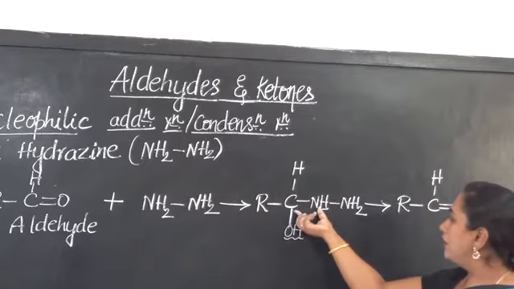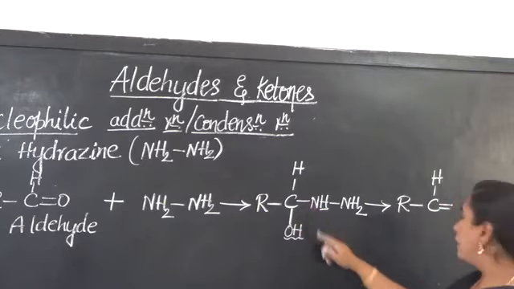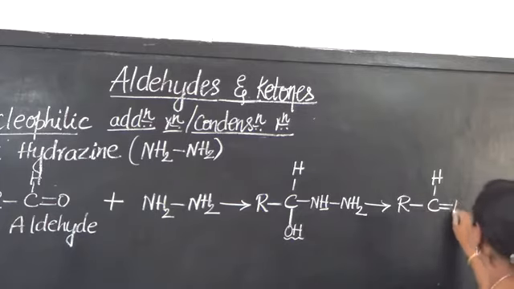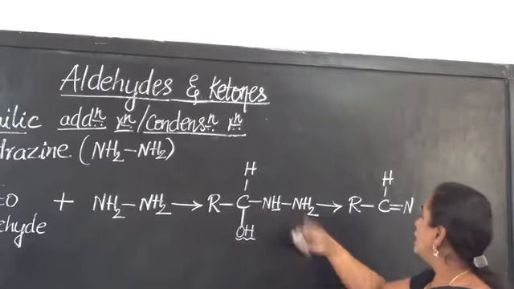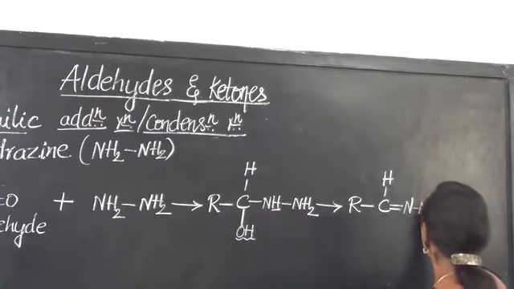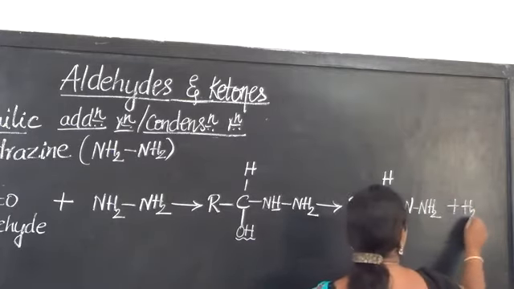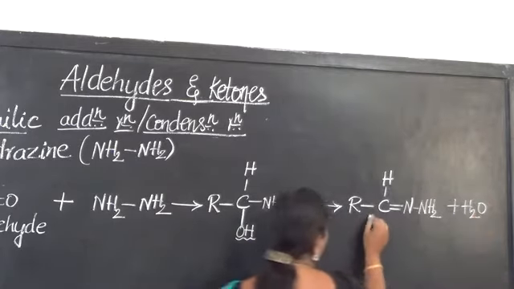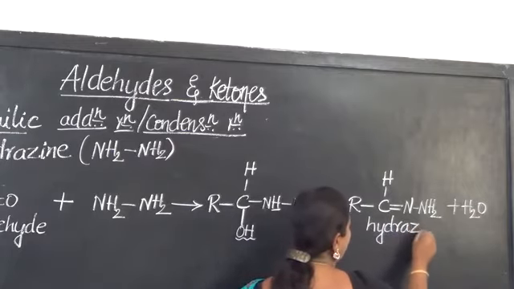So in order to balance, carbon and nitrogen will be linked by a double covalent bond. So C double bond N, and this N in turn will be linked with NH2. Along with that we have water also coming out. So they form the corresponding hydrazones as the product.